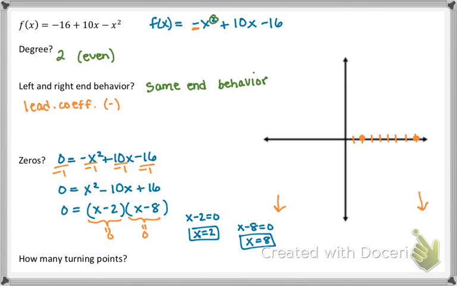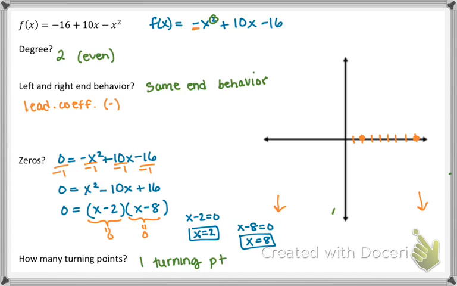And then the number of turning points. Because my degree is 2, it can only have one turning point. It is a parabola that opens down, and so it's going to look something like this. As my graph moves toward the left side, it points down.